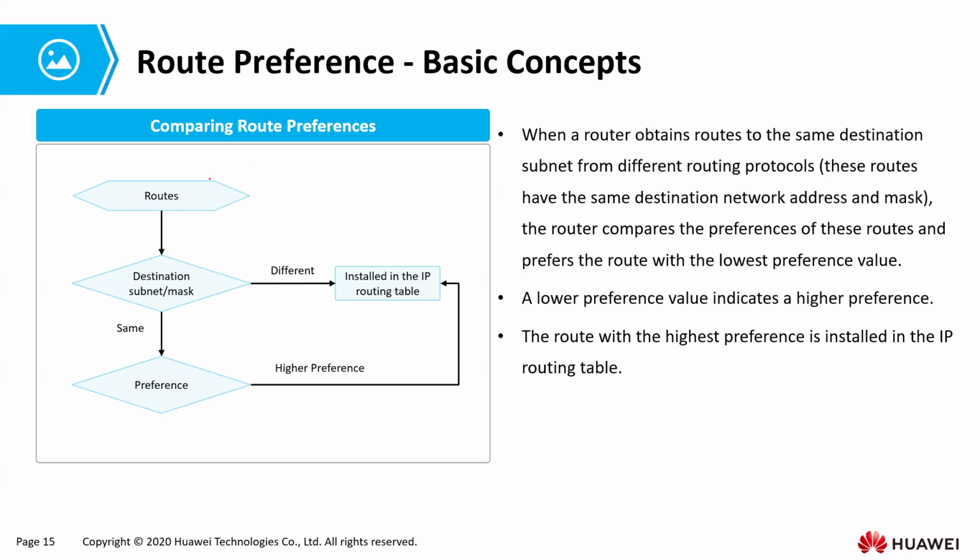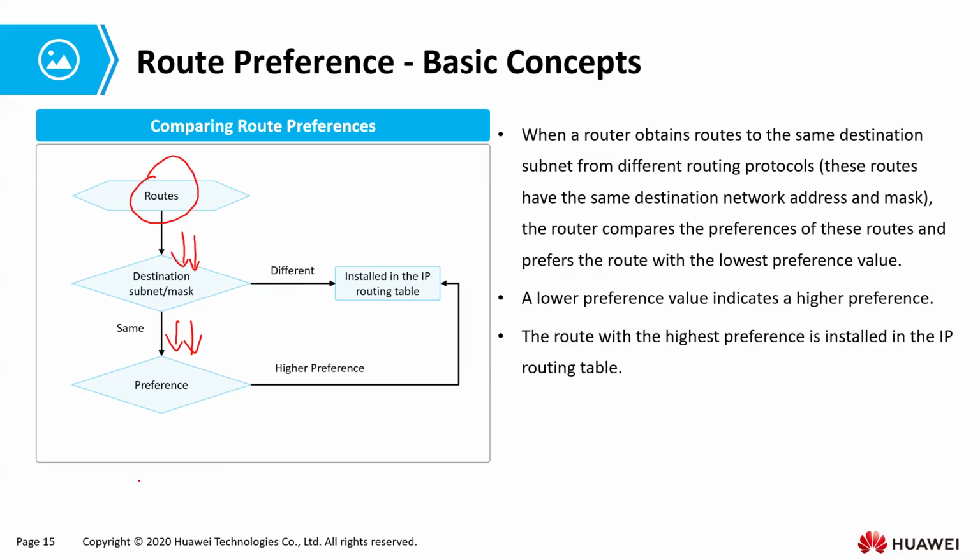So our routes, we check the destination network, and if we don't have the same protocol, we check our routes and the destination network.